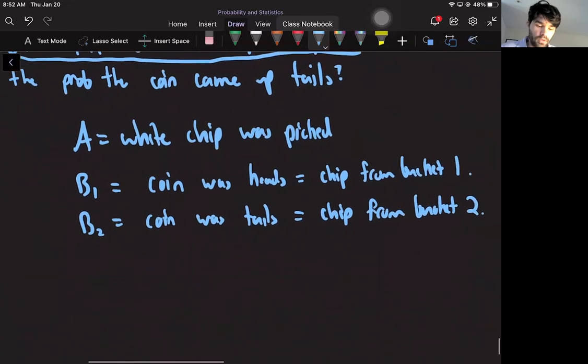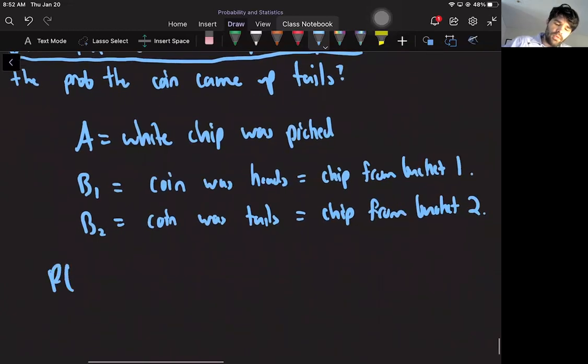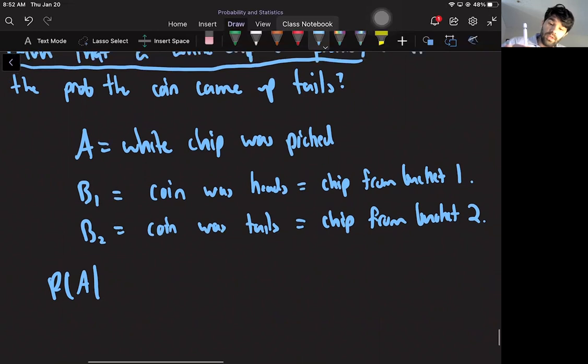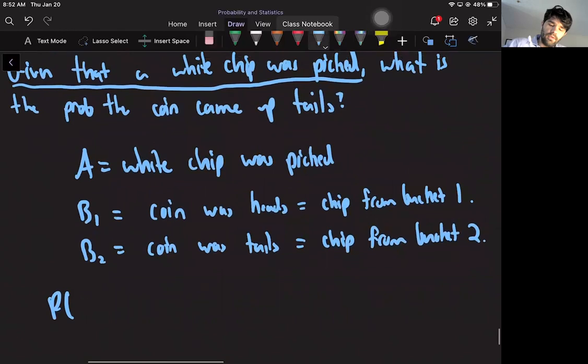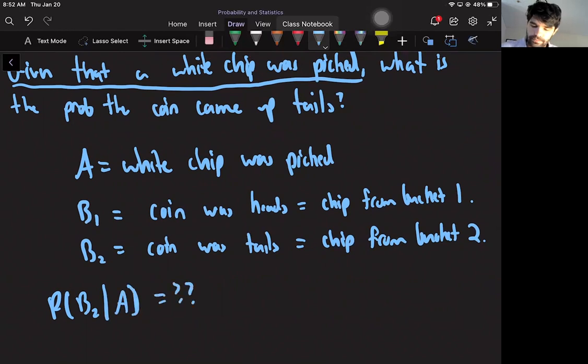Okay, so what we're trying to figure out is the probability that we got tails given that a white chip was picked. So we want the probability of B2, given that a white chip was picked. This is our ultimate goal, to figure out what this is.